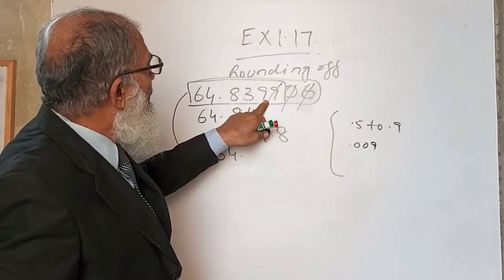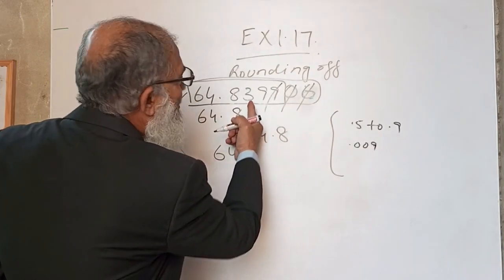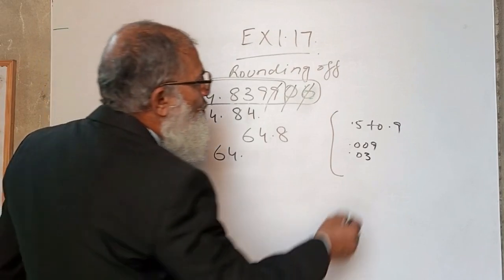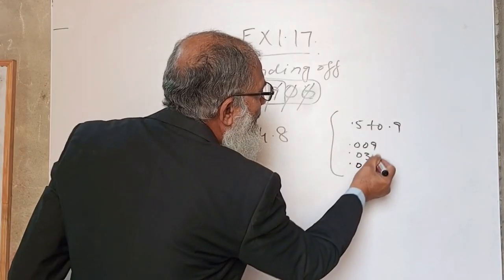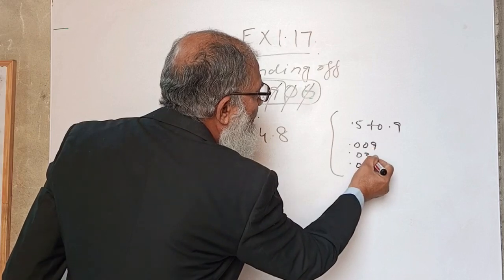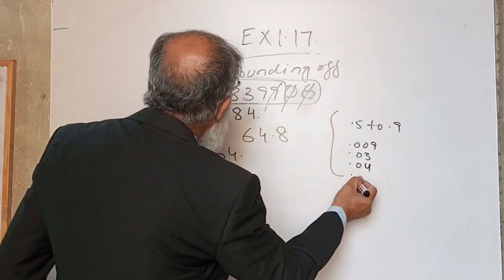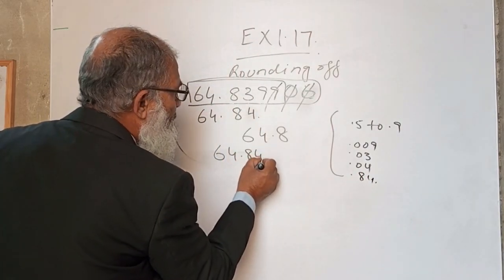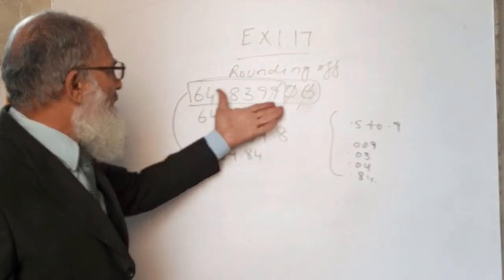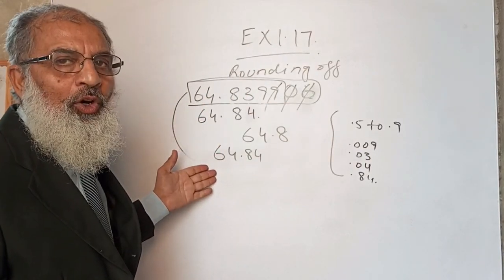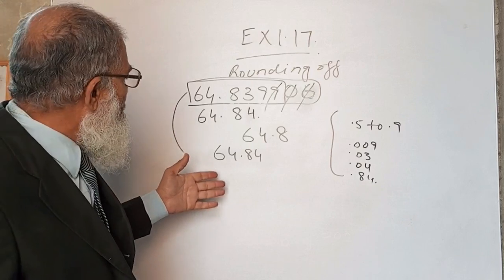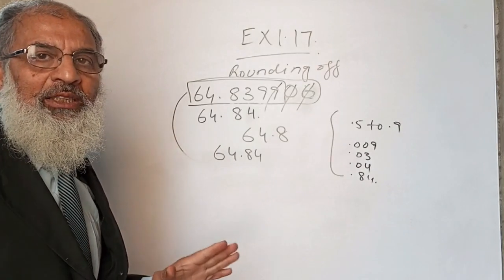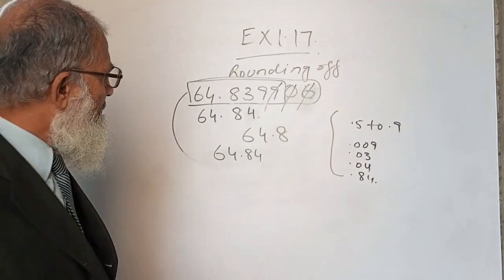So the upcoming digit towards the left was 3. We change this 3 to 4, and it was 8, so now it becomes 84. The whole number has been rounded up to two decimal places, as asked by the writer of your question.